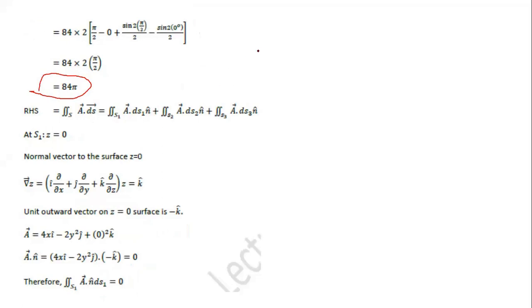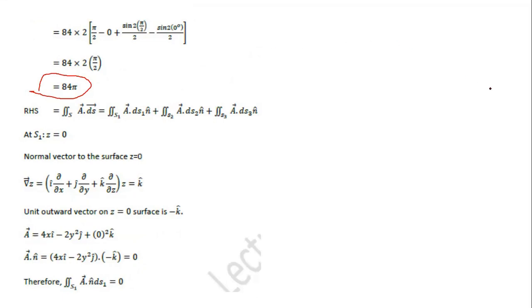Now, in order to verify the divergence theorem, we have to see that the volume integration of the divergence of the vector A over the whole volume equals the surface integration of the vector A over the whole surface.